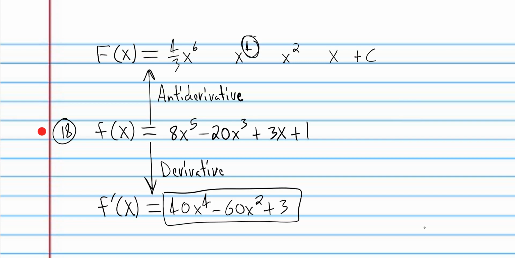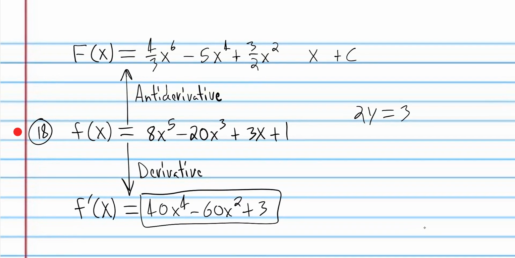And when we use the power rule, we're going to multiply 4 by something to get negative 20. Well, what would that be? Well, it's negative 5, of course. So negative 5. And then we're going to bring down the 2 when we use the power rule, and it's going to multiply into something, and we're going to get 3. So what would that be? Well, it would be 3/2.